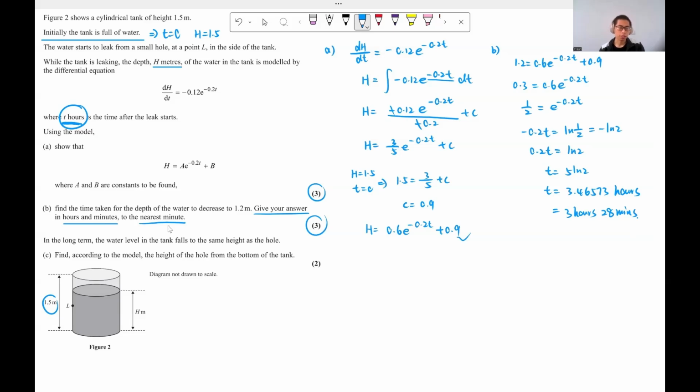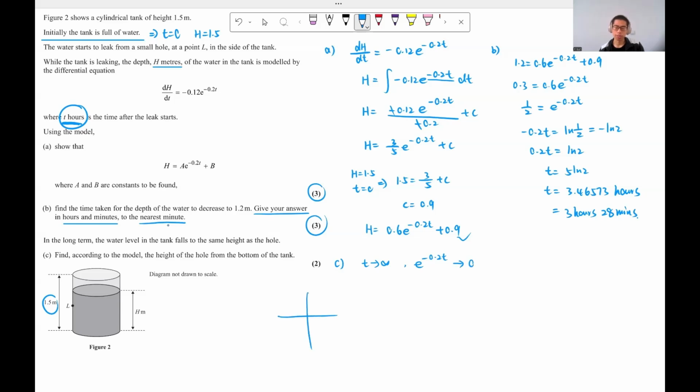And then part (c). In the long term, the water level in the tank falls to the same height as the hole. So part (c): find, according to the model, the height of the hole from the bottom of the tank. So basically, it's just asking you what the limiting height is. If we let t go to infinity, then e to the power negative 0.2t will go to 0.